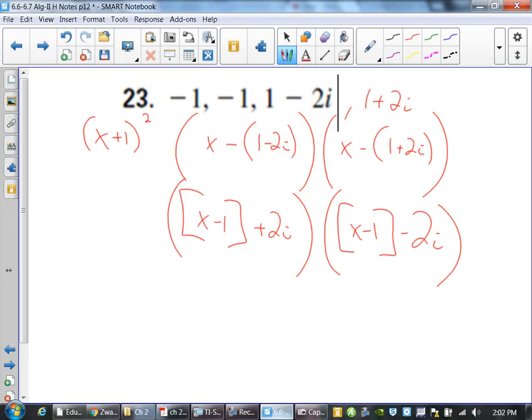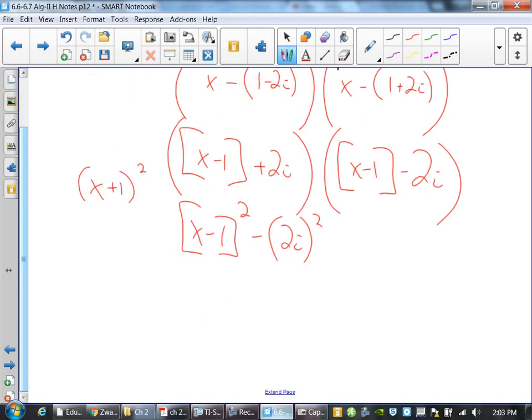This sets up the pattern to be a squared minus b squared. This is a factored form of a difference of squares. This is a plus b, a minus b. So in order to FOIL this out, it's just going to be the first term squared minus the second term squared.